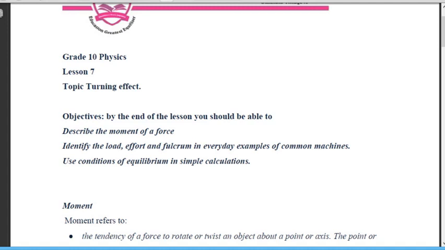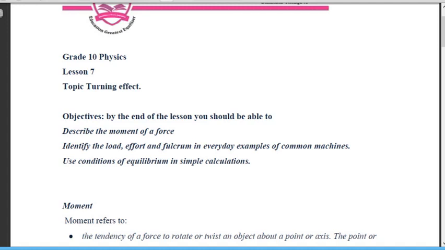We'll mainly talk about the principle of moments, where we have clockwise moments and anti-clockwise moments, and how they are sometimes in equilibrium, where the clockwise moments are equal to the anti-clockwise moments. This information can then be used in actual calculations.